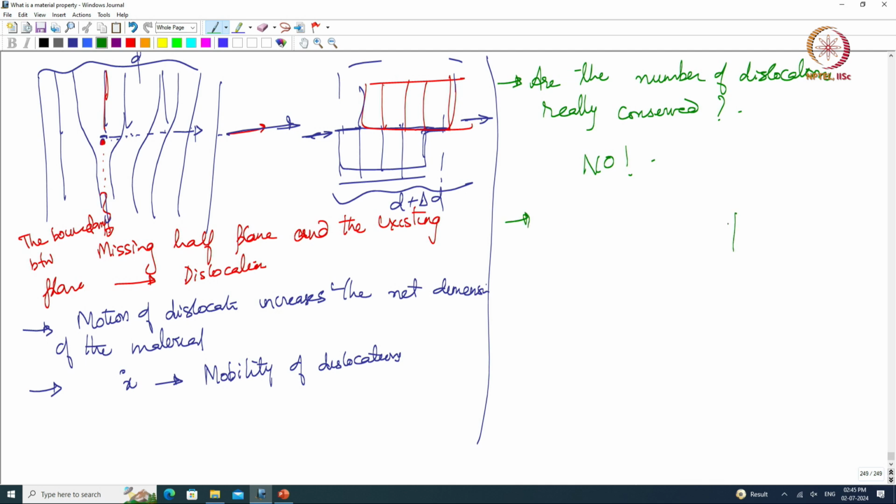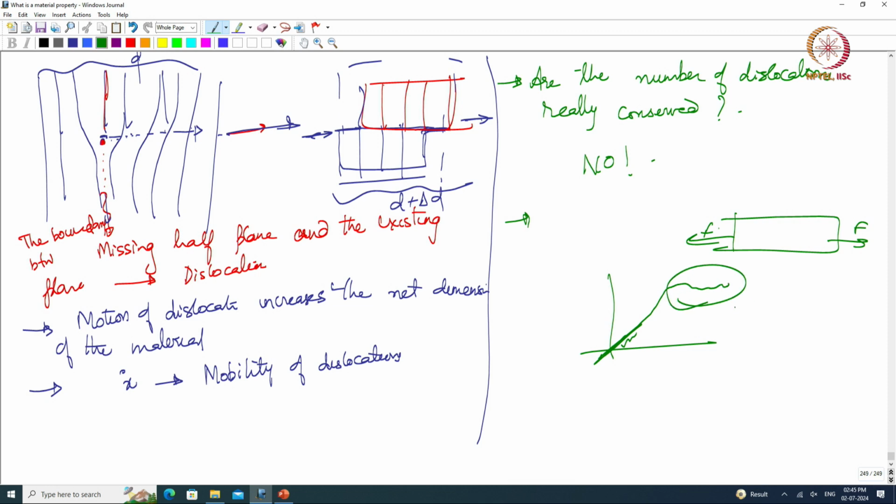When I am stretching the material, when I am applying some force on the material, once it goes into the plastic regime, the number of dislocations in the elastic regime versus the number of dislocations here, I actually not just move dislocations, but I can also create dislocations.